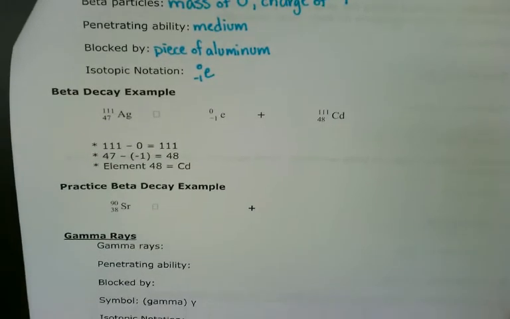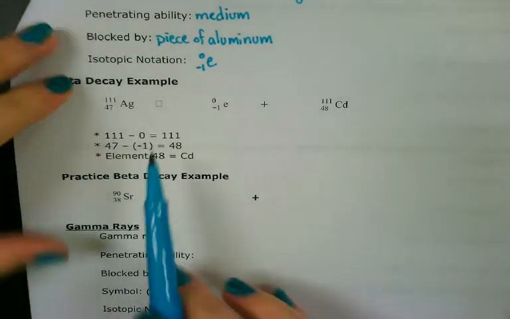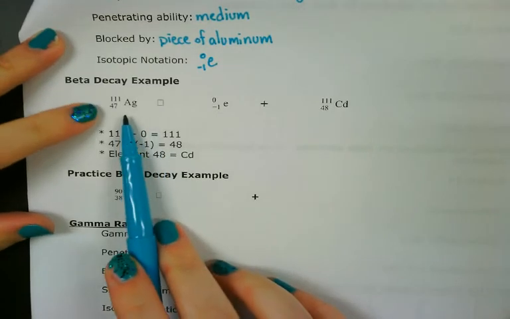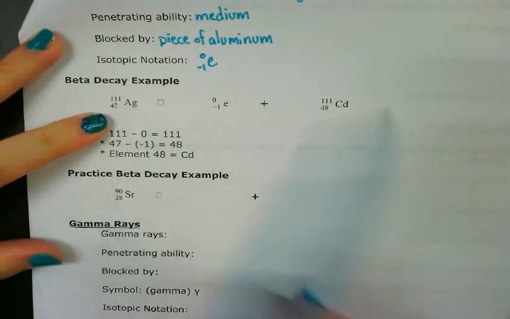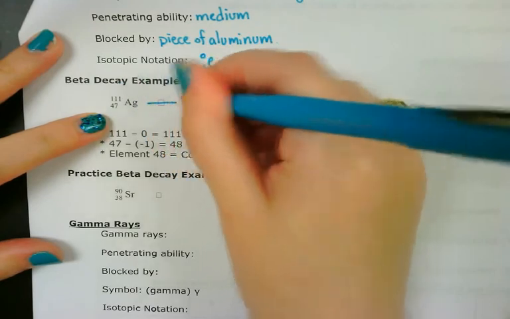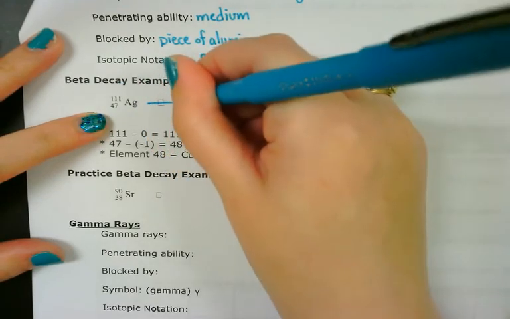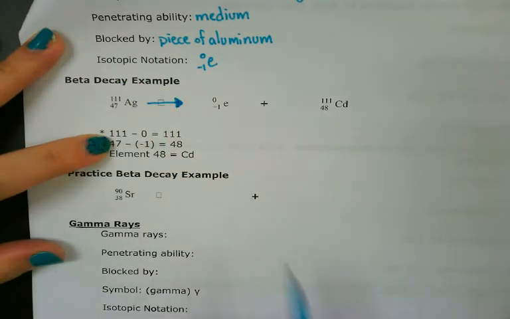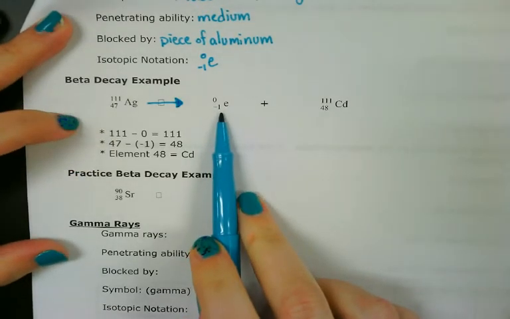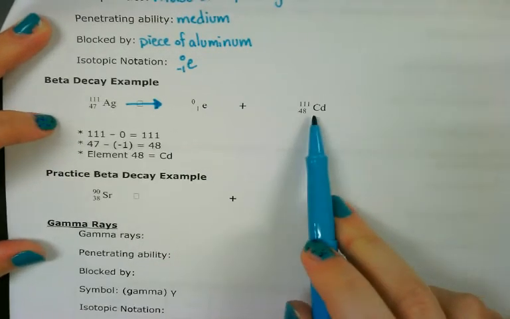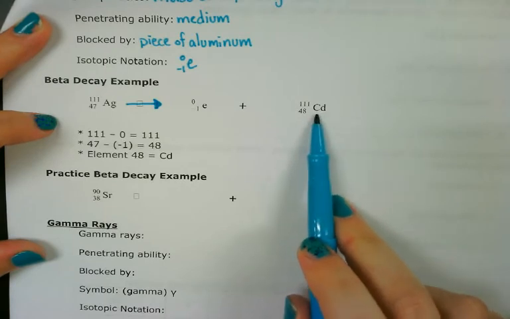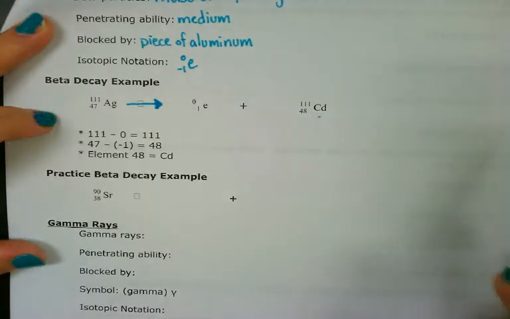All right, so now let's look at our example. We're starting with silver, and a little box, right? We draw our arrow, and we end up with our beta particle and another atom, right? So Cd, that's cadmium.